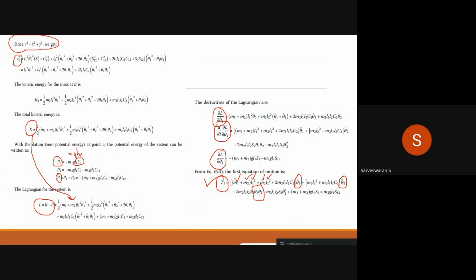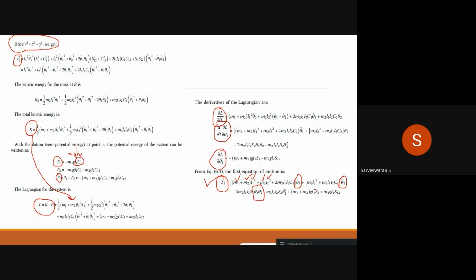When one link rotates, the other link also rotates. So with the rotation of one link, when both links move at a time, you will get this Coriolis component. And in a multi-body system like a robotic arm, since we are considering only a 2 DOF, the movement of link 2 and the movement of link 1 will have a relative motion, and that is where this Coriolis component will come into the picture, and we have to consider that also.